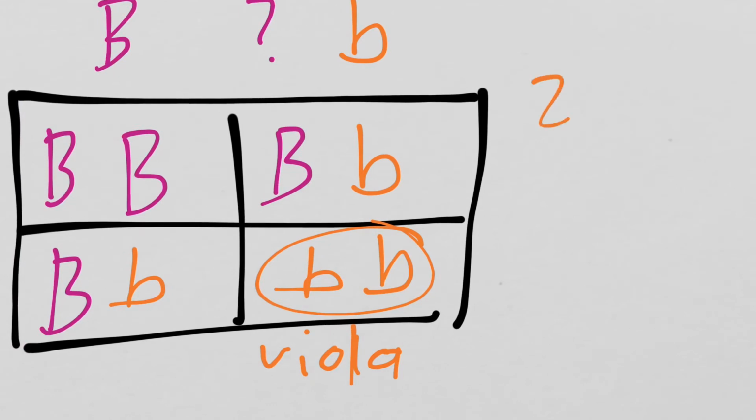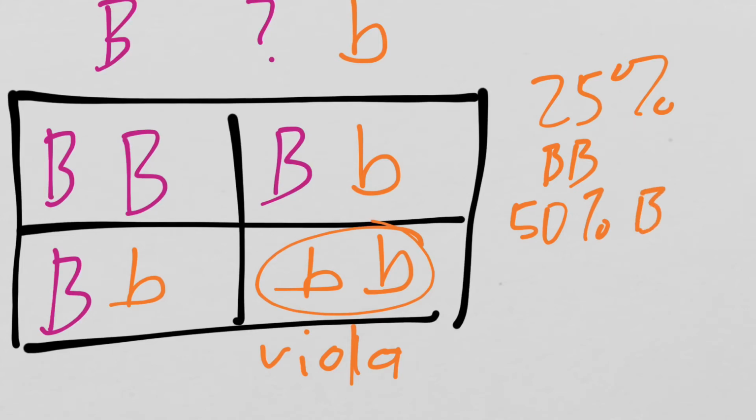Well, we've got a 1 in 4, which is a 25% chance, of big B, big B, a 50% chance, which is 2 in 4, of big B, little b, and a 1 in 4 chance, which is 25%, of homozygous recessive. So 1/4 or 25% homozygous dominant, 1/2 or 50% chance heterozygous, and 1/4 or 25% chance homozygous recessive.